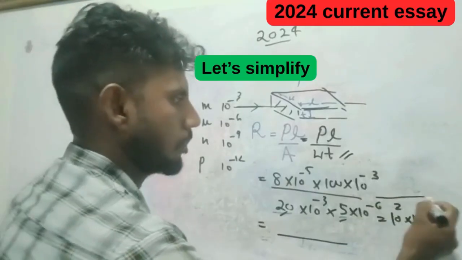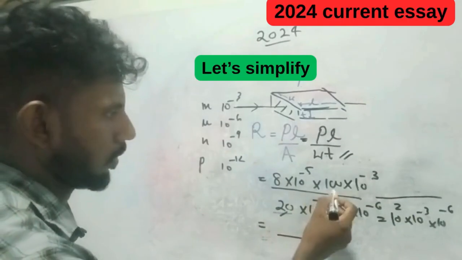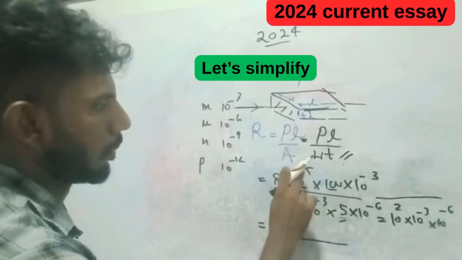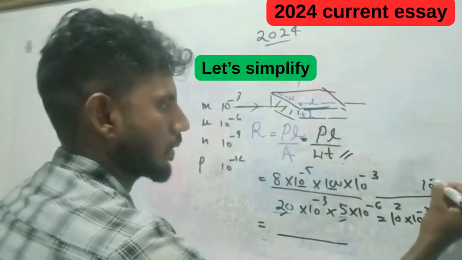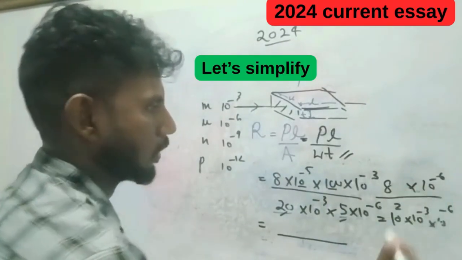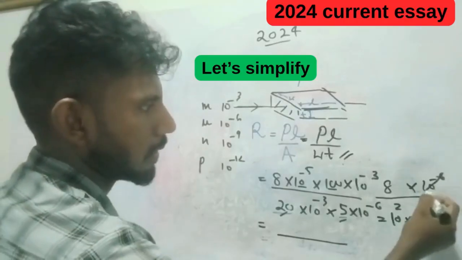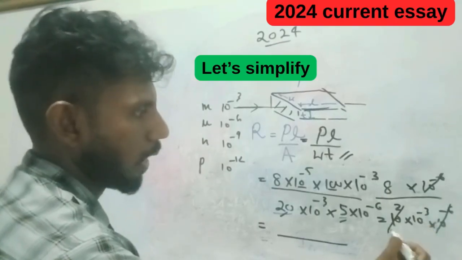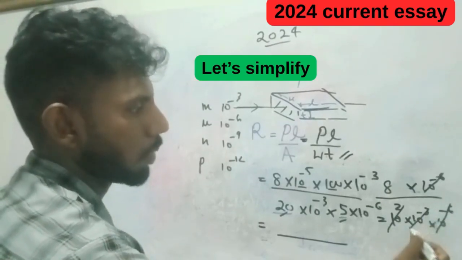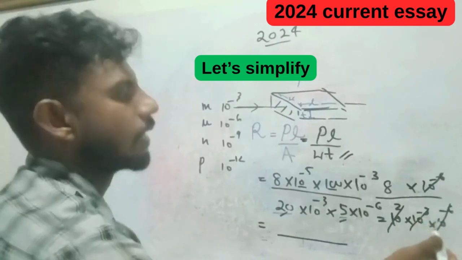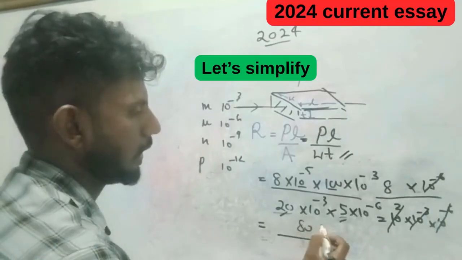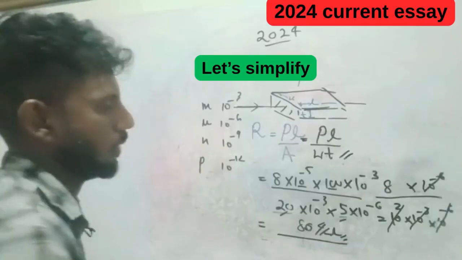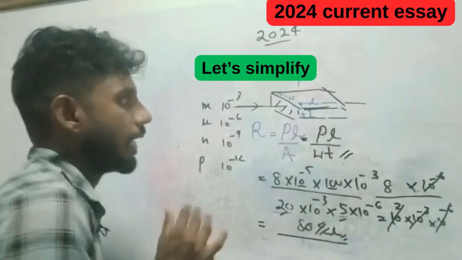And then 100 into 10 to the power minus 5 will be 10 to the power minus 3, 10 to the power minus 6 into 8, right. 10 to the power minus 6 and 10 to the power minus 6 cancel off, and 10 squared, 10 to the minus 3, only 10 to the power minus 1 will be remaining there, so that goes up 80. That's the answer. What's 80? 80 ohms. That's the resistance of this heating element.